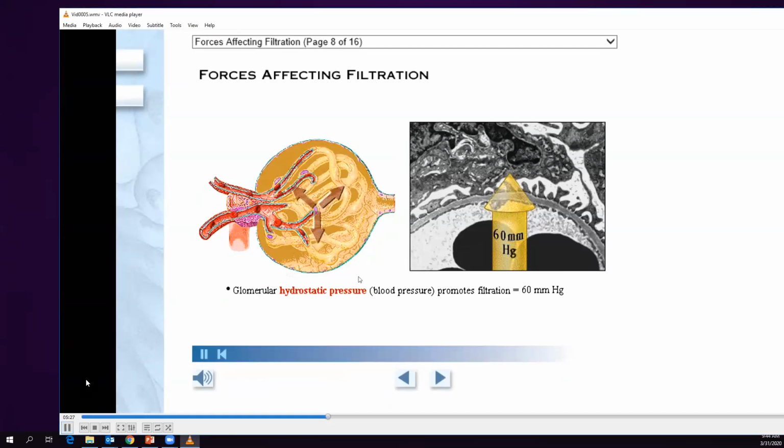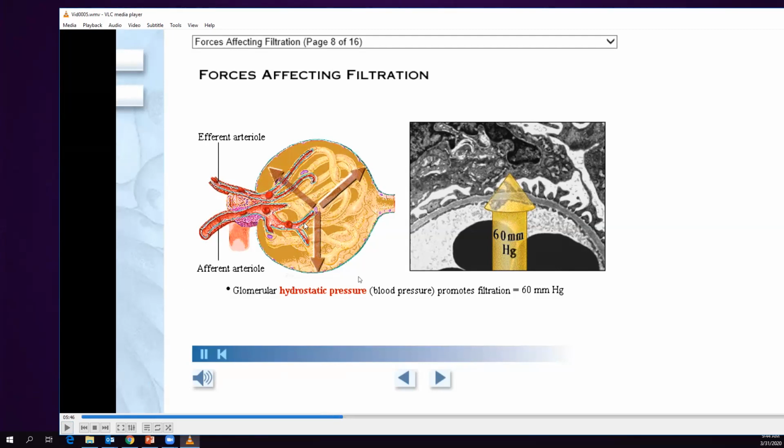This unusually high capillary pressure is the result of the short, large diameter afferent arterioles conveying blood at high arterial pressure directly to the glomerular capillaries. The small diameter of the efferent arterioles leaving the glomerulus also helps maintain the pressure by restricting the outflow of blood. Okay, that's also a really important concept, is that the efferent arteriole is very small in diameter.